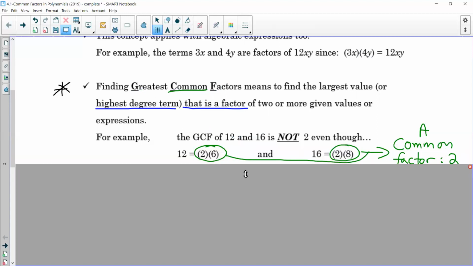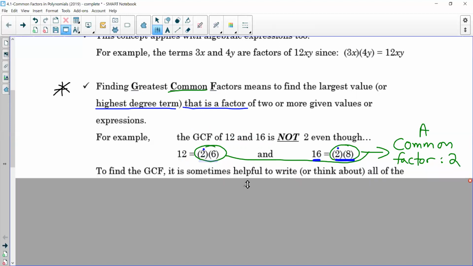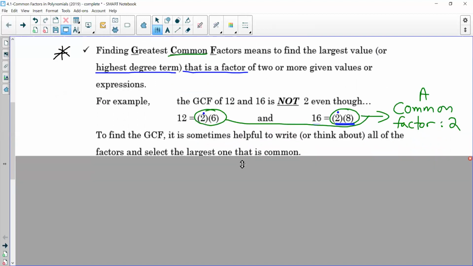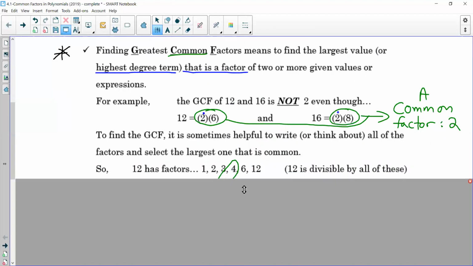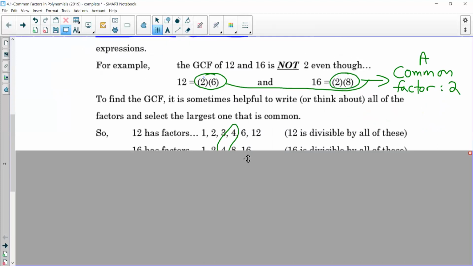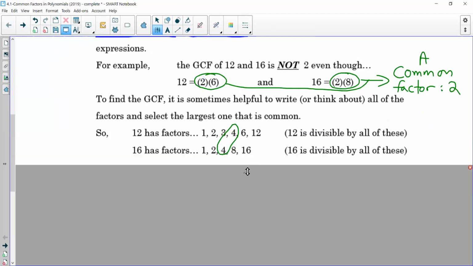So in this particular case, even though 12 can be written as 2 times 6, and 16 can be written as 2 times 8, 2 is a common factor. However, it is not the greatest common factor.